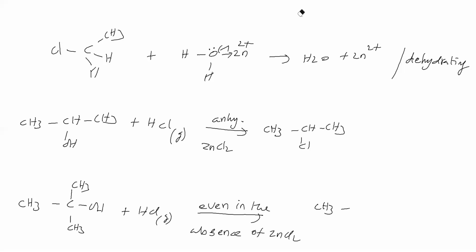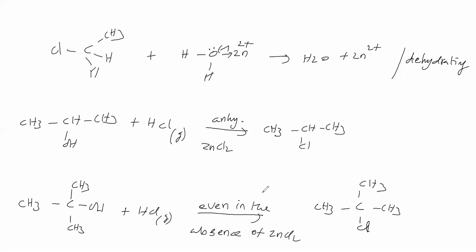So for a tertiary alcohol, ZnCl2 is not required, whereas for primary and secondary alcohols, anhydrous ZnCl2 is required.